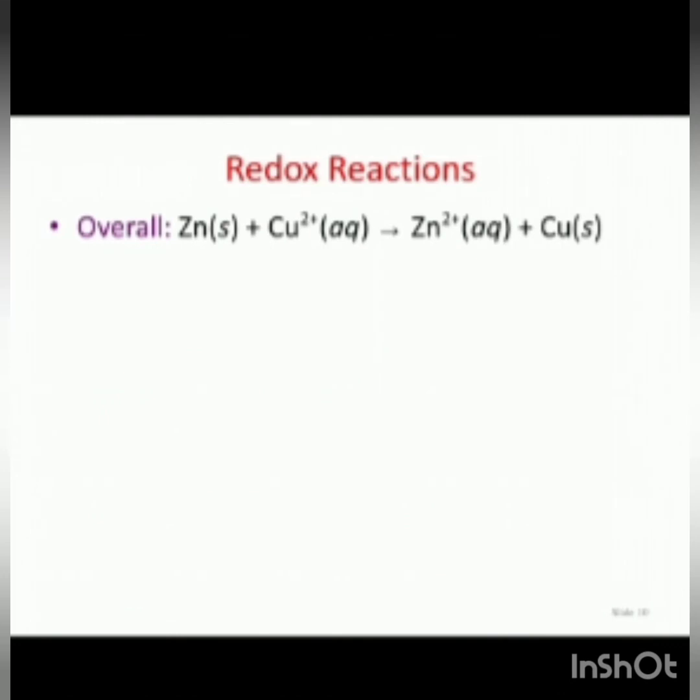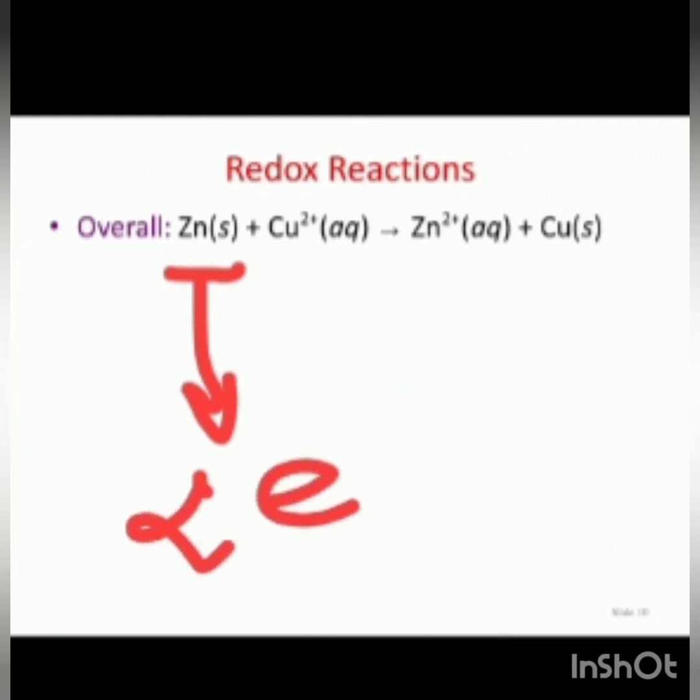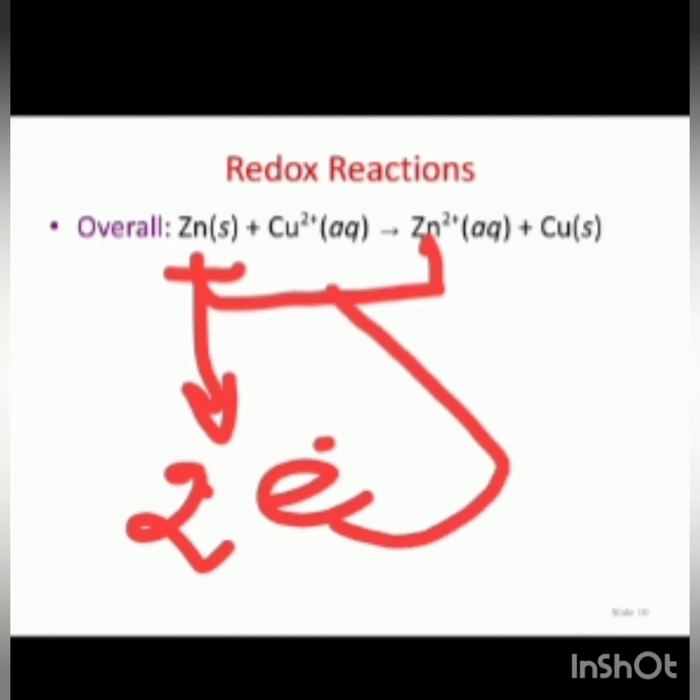Overall cell reaction for zinc and copper. Zn in solid form loses 2 electrons and is converted into Zn2+, and these 2 electrons go into the electrolyte of copper sulfate, and copper ions Cu2+ get 2 electrons to convert into copper solid.